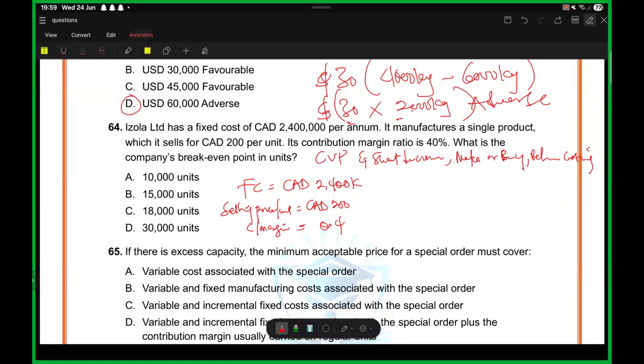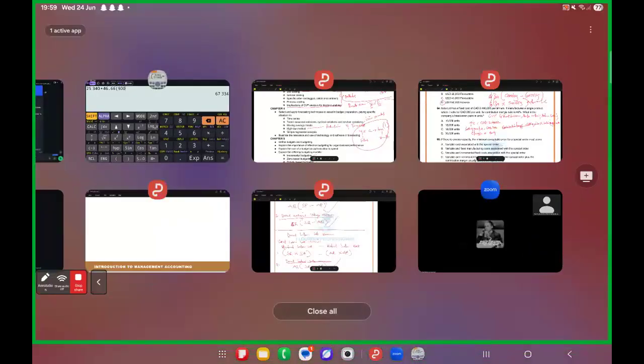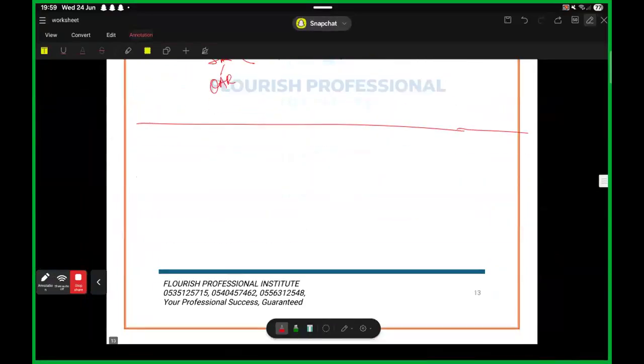So the simple way to go about it: the formula is important for us.